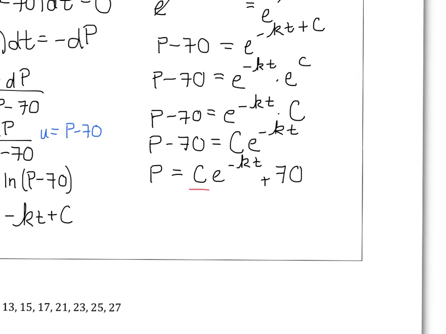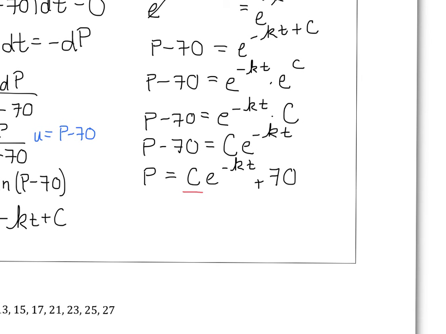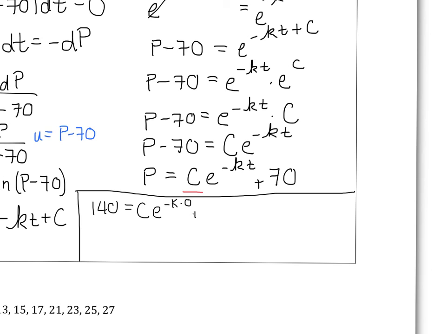All right, so let's go ahead and set that up, and we'll section this off right here. So p is 140 when t is 0. So e to the negative k times 0 plus 70. And then 140 equals c e to the 0 plus 70, and e to the 0 is just 1.